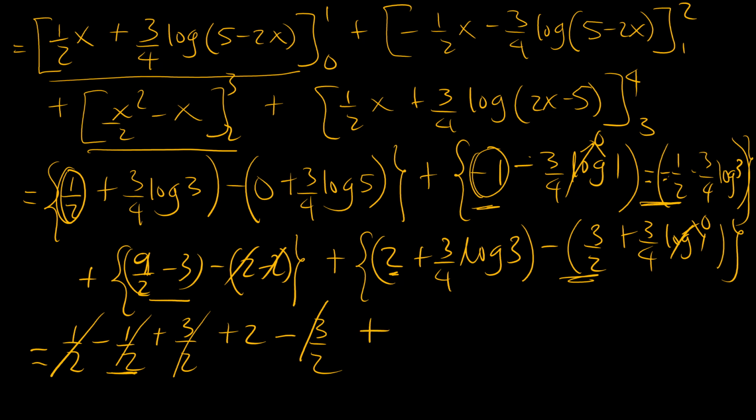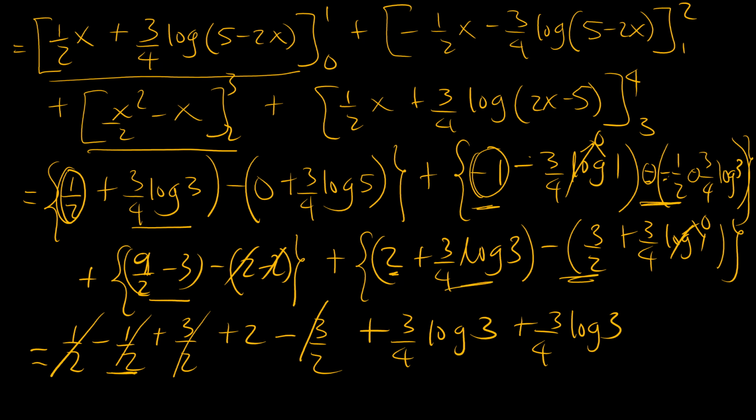Then we have 3 over 4 log 3 coming from here, and then we have this negative and this negative, this becomes positive, another 3 over 4 log 3. And then we have this 3 over 4 log 3. How many are there? There are 3. 1, 2, 3.